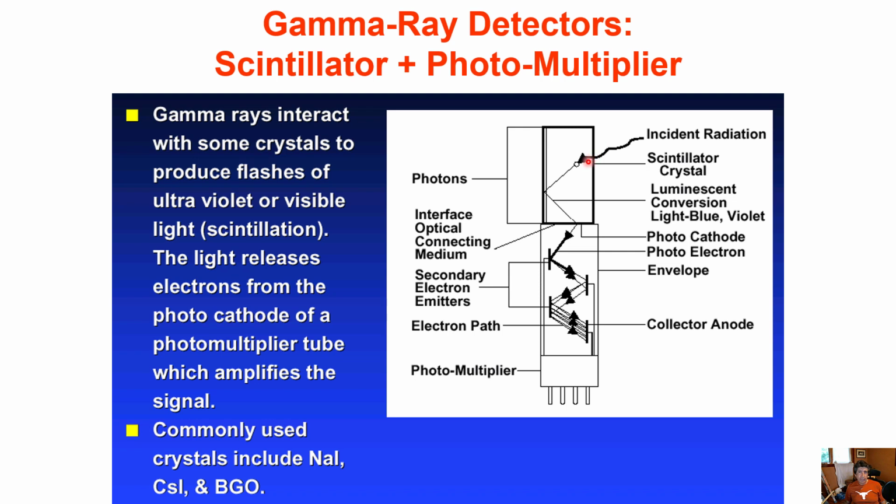It's a scintillating crystal, in this case mostly sodium iodide, and that impact converts the photon into light, and the light goes into a system that amplifies the original intensity of that light beam. It's a system of multiple amplifications so that the initial signal coming from the photon is multiplied, and therefore it's easier to detect and to measure.